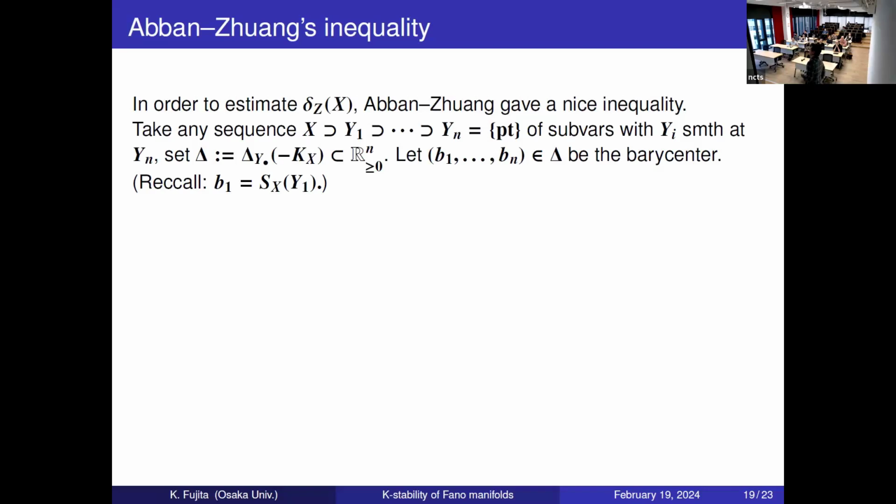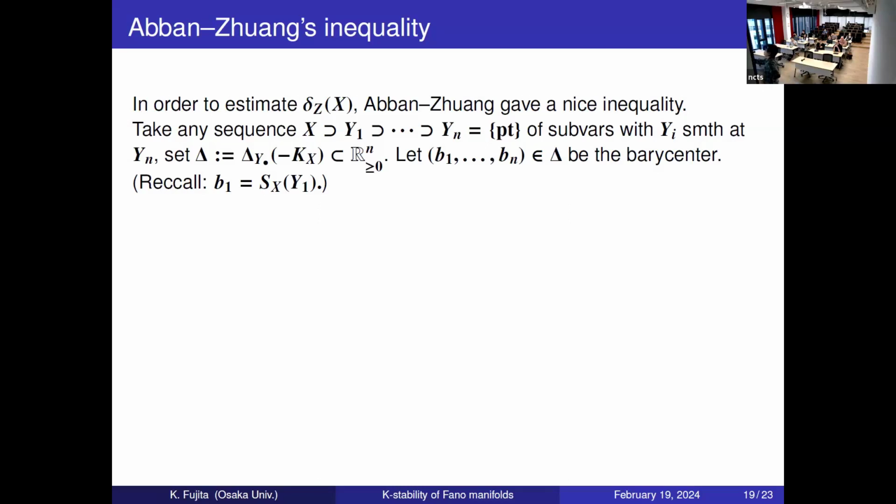Anyway, let us recall the Okounkov body. To simplify, I only consider it on X. Previously I explained on X tilde, but let us consider on X. Take any admissible flag, of subvarieties Y_i of codimension 1, 2, 3, up to n, with each Y_i smooth at the point Y_n.